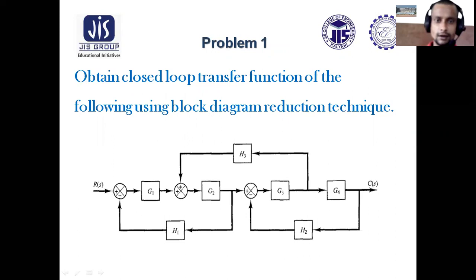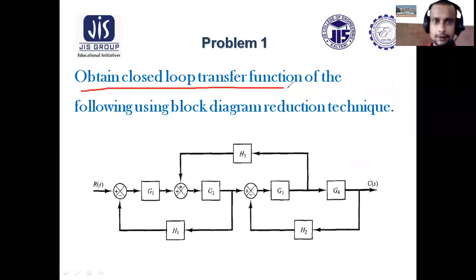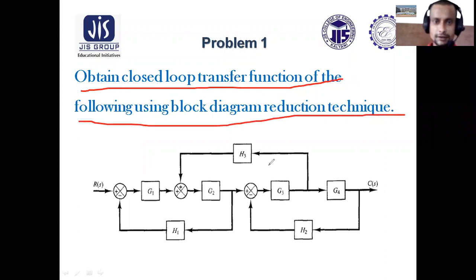Here a block diagram is given to us. We'll apply the block diagram reduction rules which were discussed earlier in past classes to get the overall transfer function, that is C(s) by R(s), for this block diagram. Obtain the closed loop transfer function of the following using block diagram reduction technique.